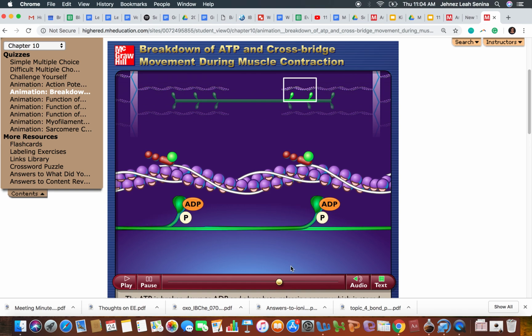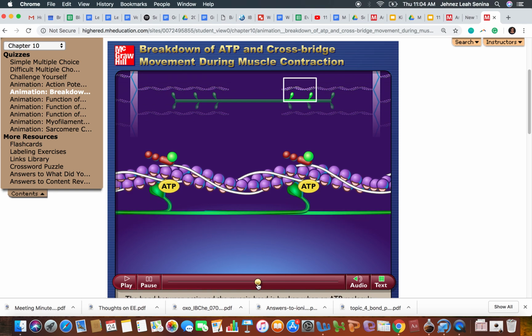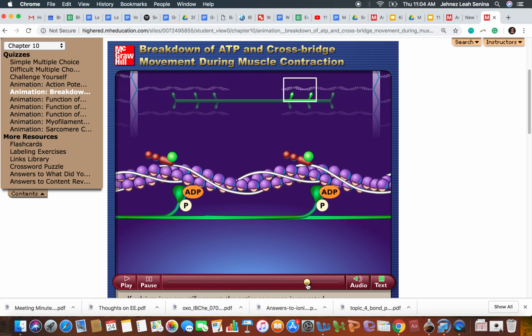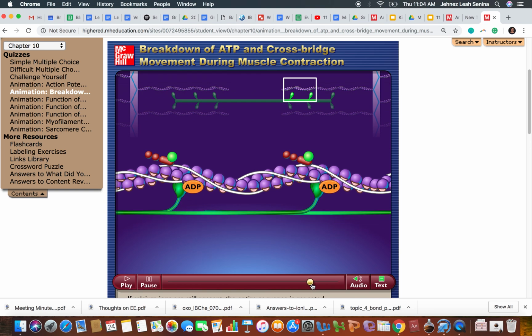Let's start with that. It's flowing. Don't go technical part per part. Bind, remove. It's being hydrolyzed. It's hydrolyzed now, and it moved the head. Then loss of the P touches the actin, and then loss of the ADP moves.